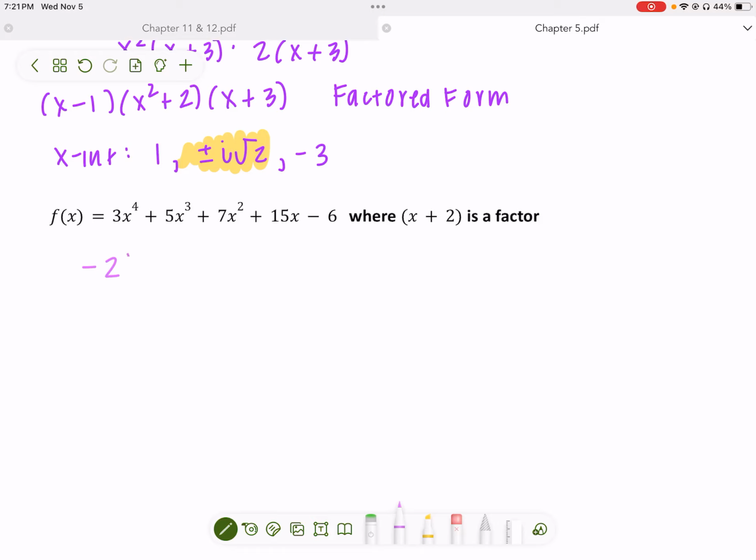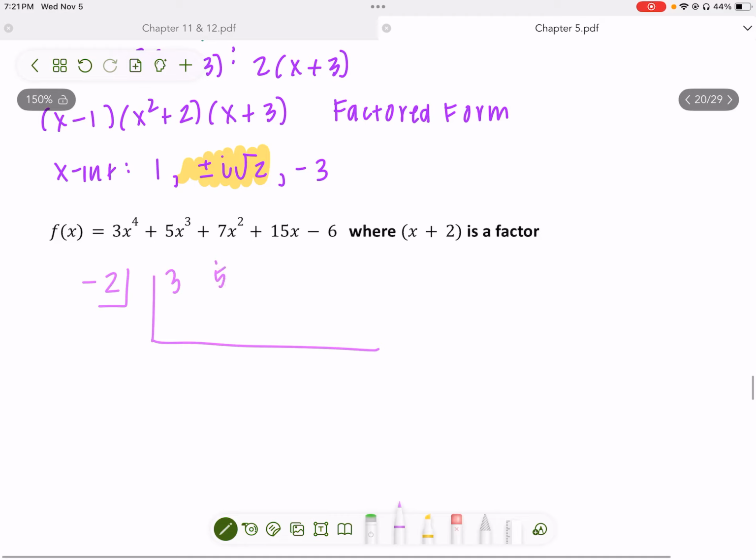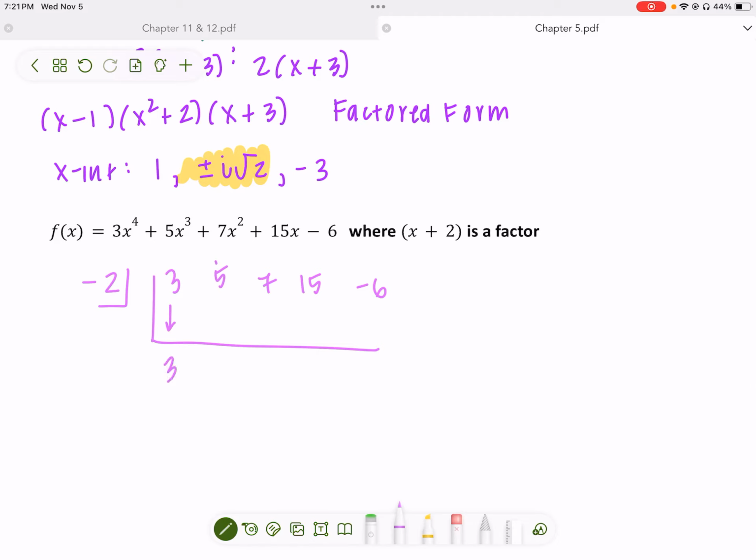So -2 is going to work for us, so we'll plug that in. 3, 5, 7, 15, and -6. Bring down the 3 and then get started. Okay. 5, I think I have made a mistake.